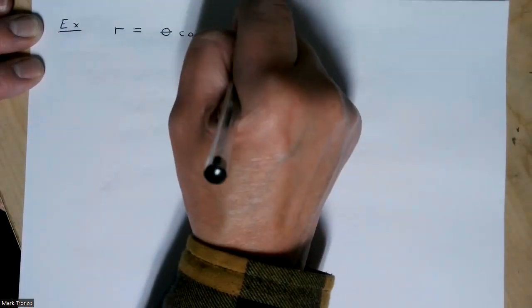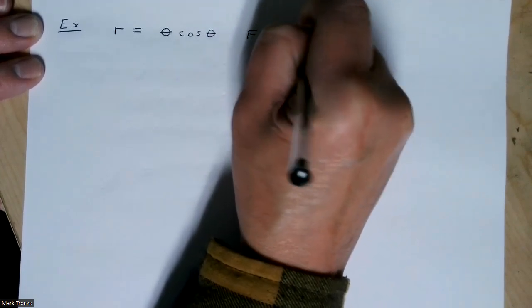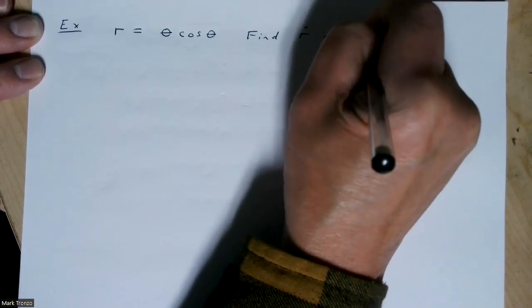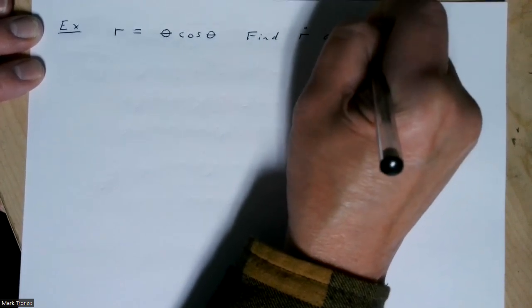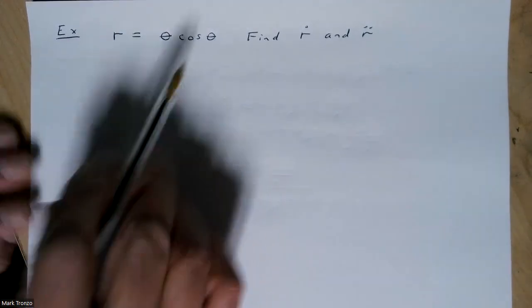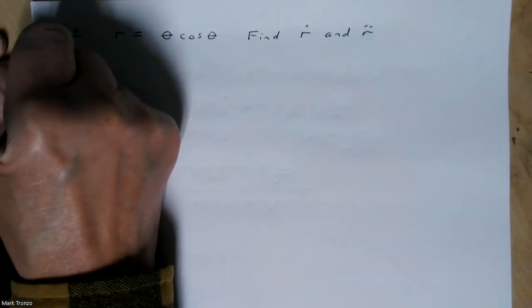And let's find r dot and the second derivative, r double dot. This might be a type of equation you might be working with in dynamics.